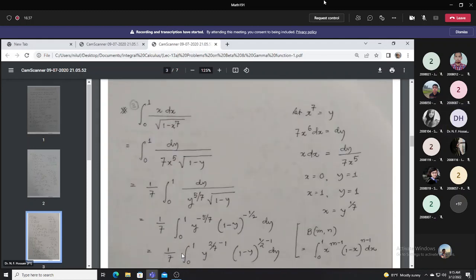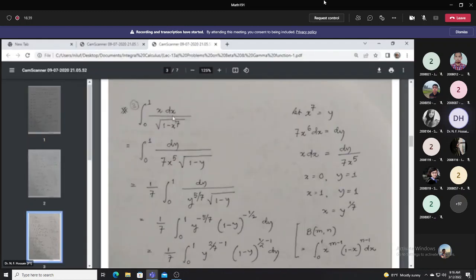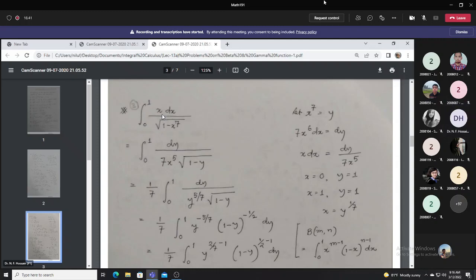Now you see there is no e to the power something here. So we can try to express this function so that we can get the beta function, because there is no e to the power something here. So at first we take a substitution x to the power 7 equal to y, so that it will be like this, 1 by minus y whole to the power minus half.